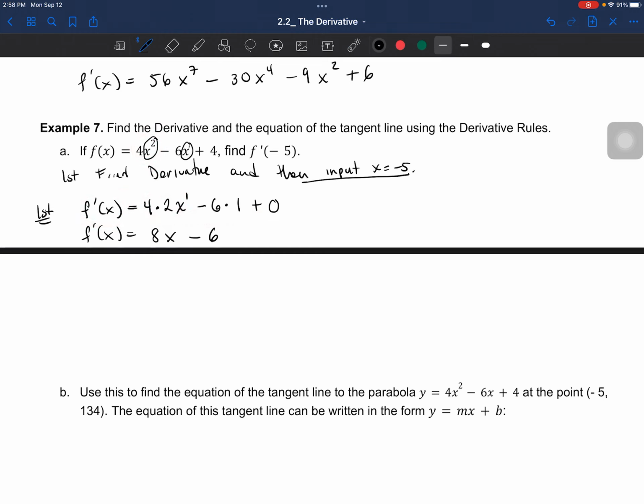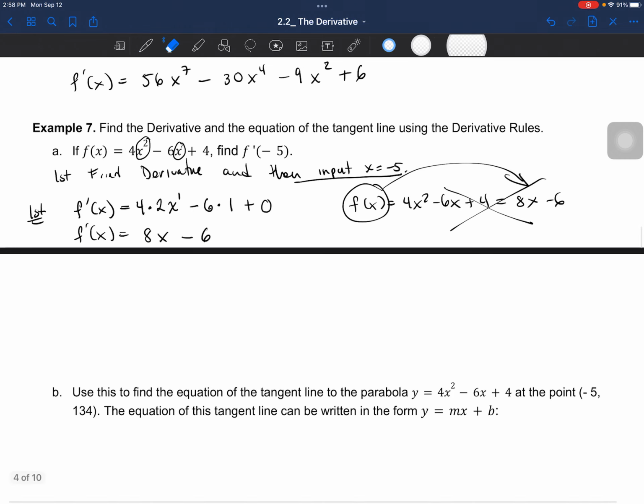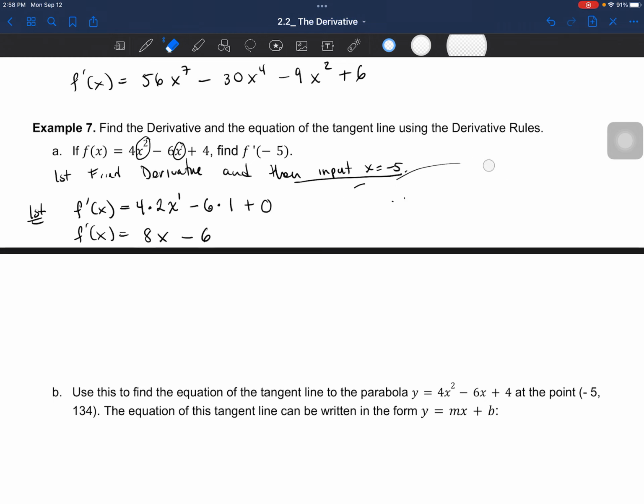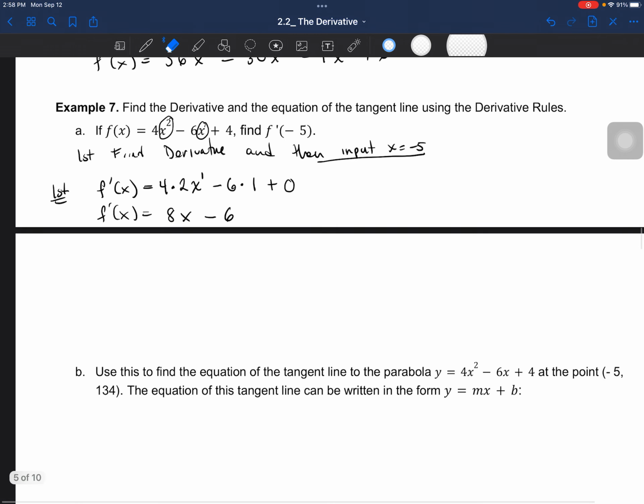Also, something that I see a lot of times, very not good, is students will just write 4x squared minus 6x, and then the derivative of this is 8x minus 6. That's not correct. You're saying that the function equals the derivative, right? That's not right. You have to make another line, to tell the reader that that's a different function, and that function is the derivative.